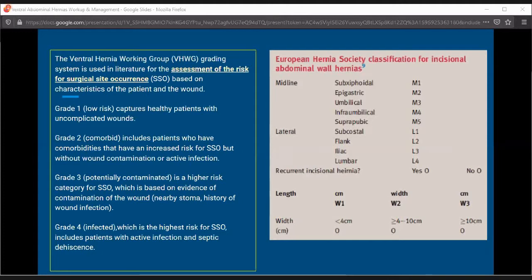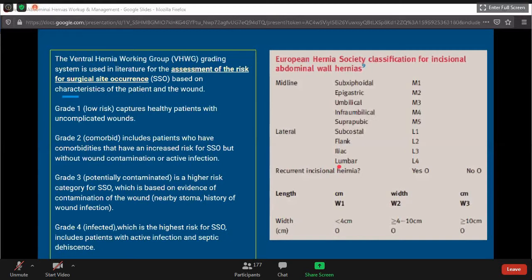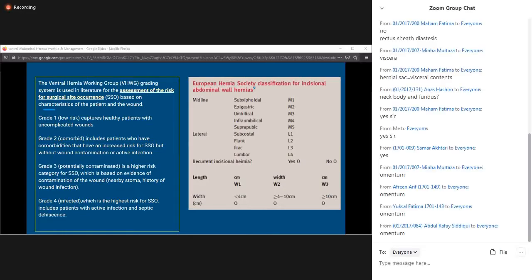What do you see here? What's the color of the bowel in this one? This is also a hernia. In fact, this hernia was operated last week. The picture you can see in the middle. And what is the color of this bowel? Is it brown? Is it blue? Is it black?